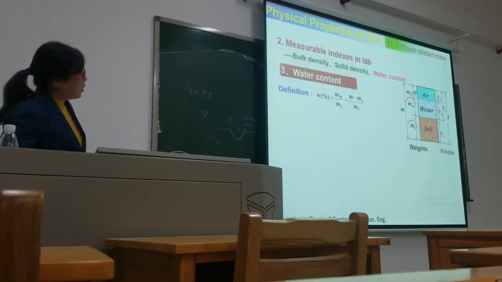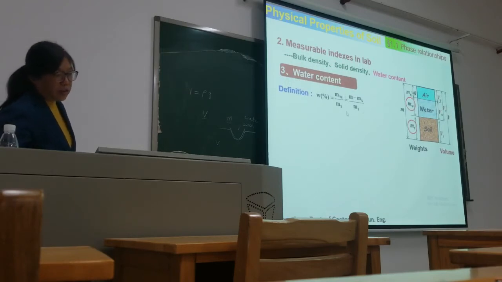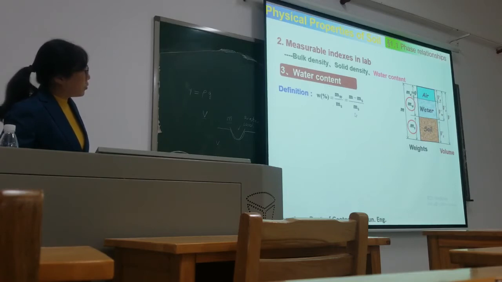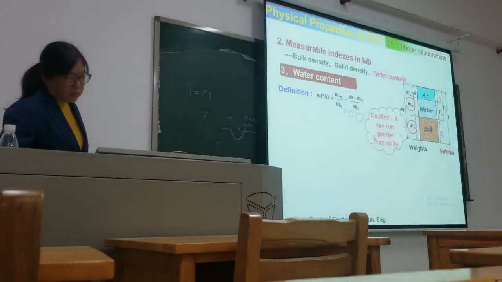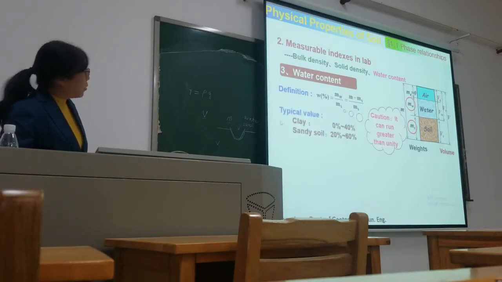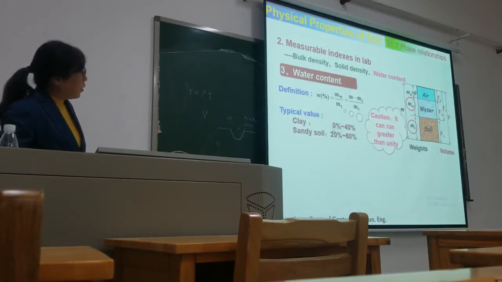And the water content means the mass of water divided by mass of soil grain. It ranges from 0 to 14% for clay, or 20% to 60% for sandy soil.